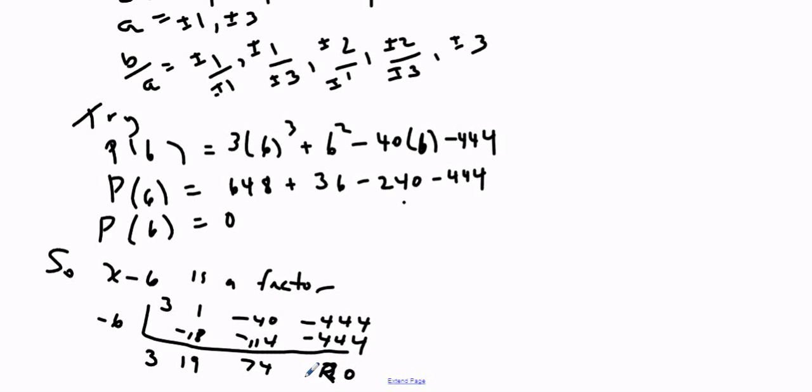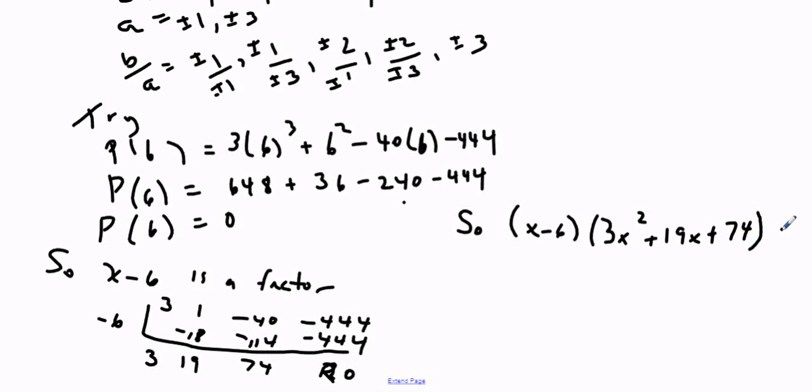And I know that so far then, x minus 6 times 3x squared plus 19x plus 74, hopefully I've got all the right signs there, is going to equal 0.